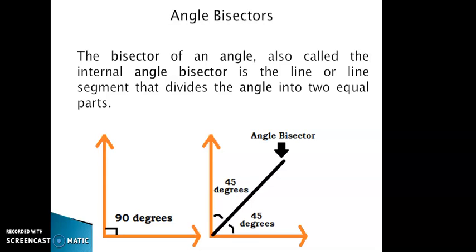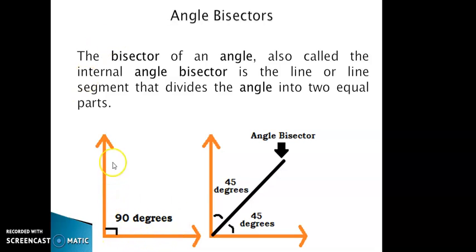So moving on, first of all, you must understand the concept of what an angle bisector is. The definition is: the bisector of an angle, also called the internal angle bisector, is the line or line segment that divides the angle into two equal parts.